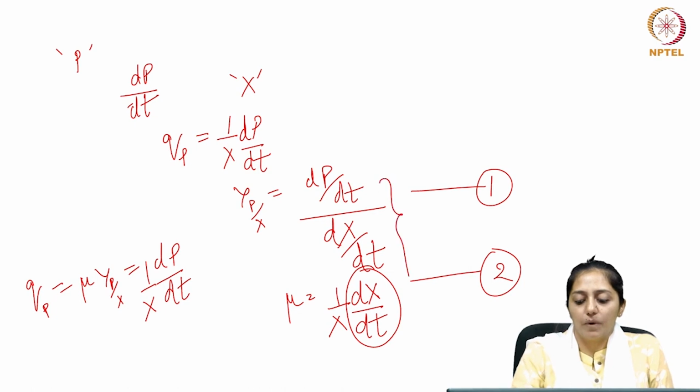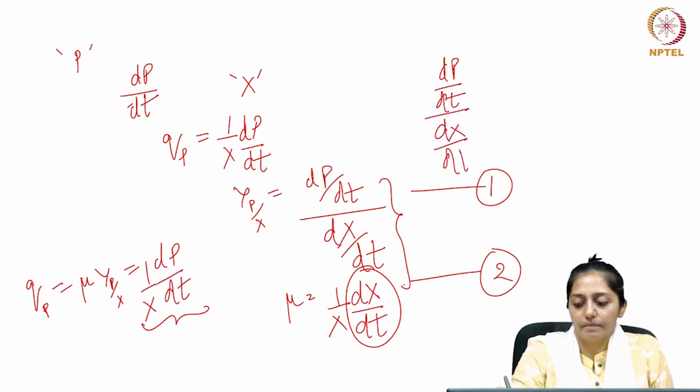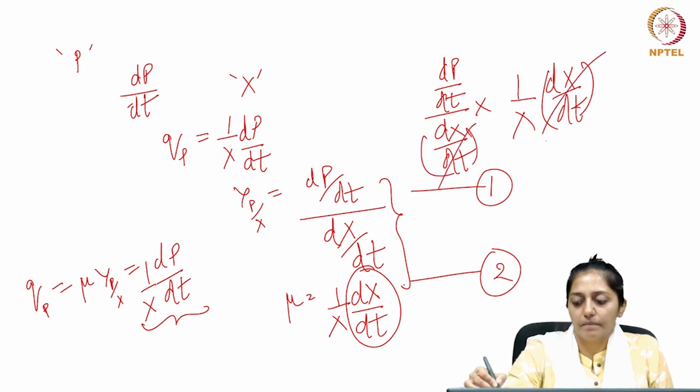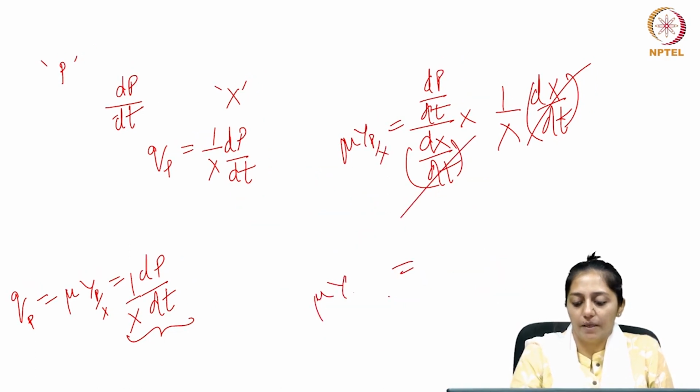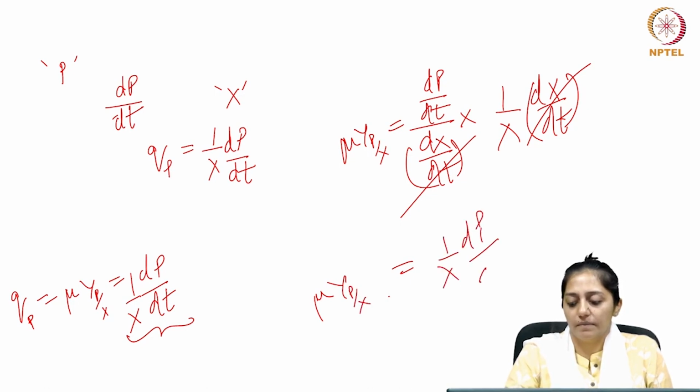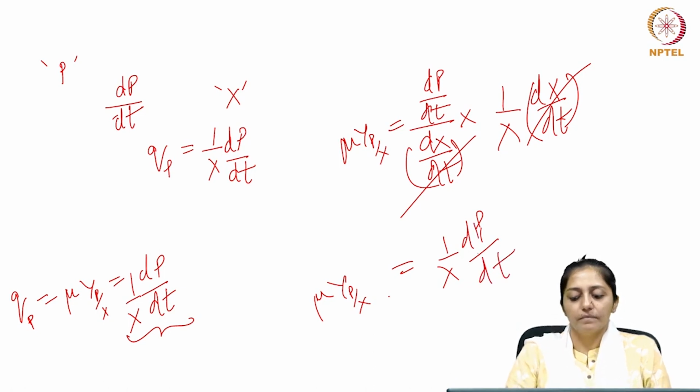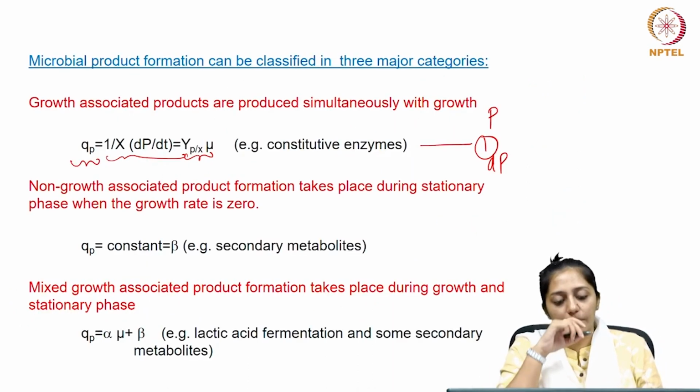When you multiply equation 1 and equation 2, the RHS, you will end up in, so your mu times Yp/x becomes 1/X dP/dt, which is equal to QP, which is the specific product formation rate.